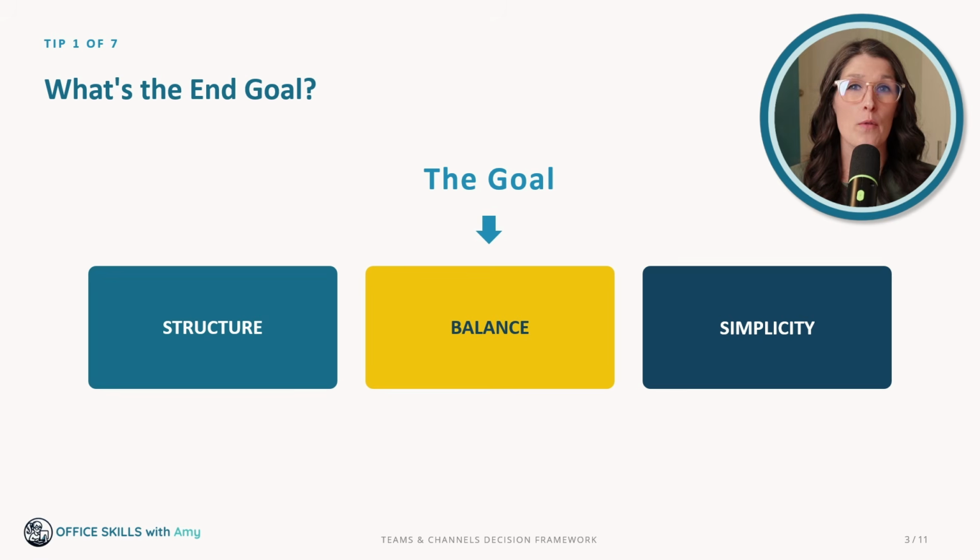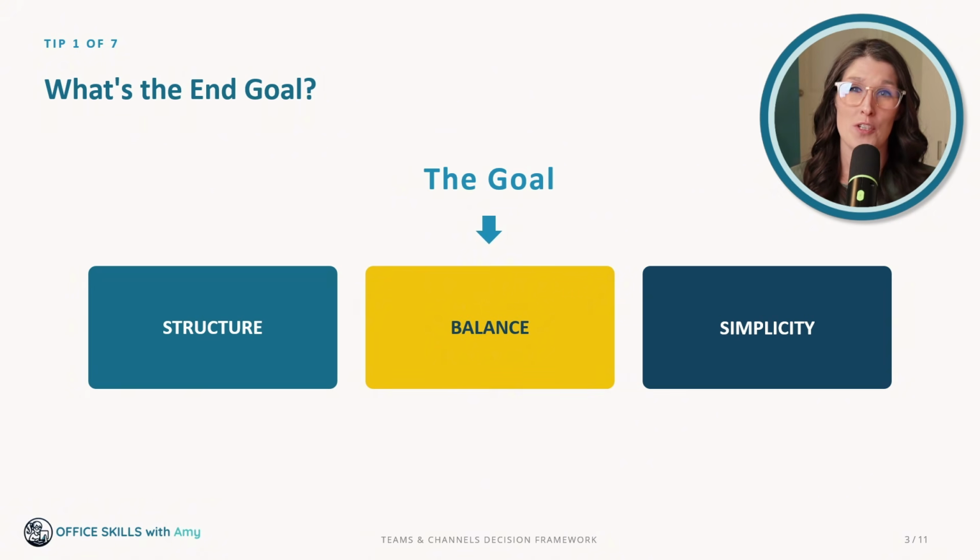Number one is defining the goal. Like, what are we aiming for here? Now, the goal is balance of simplicity and structure. Microsoft Teams is incredibly flexible, which is its biggest strength, but also its biggest weakness. So, we want to ensure that every Microsoft team and channel that we have has a clearly defined purpose to it.